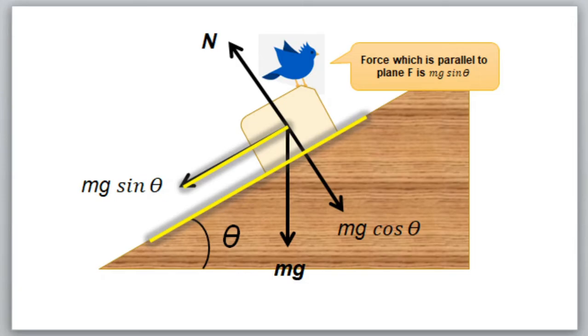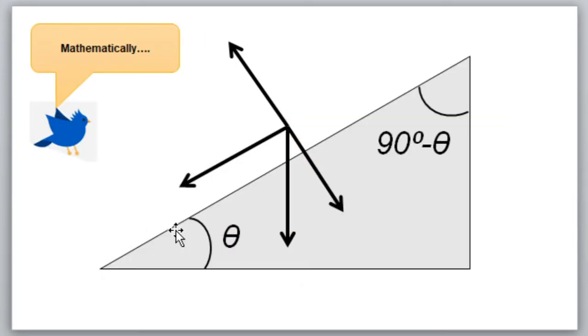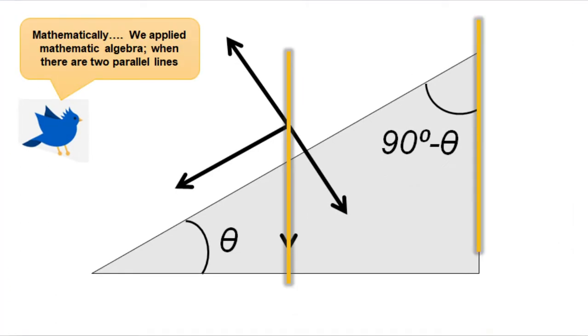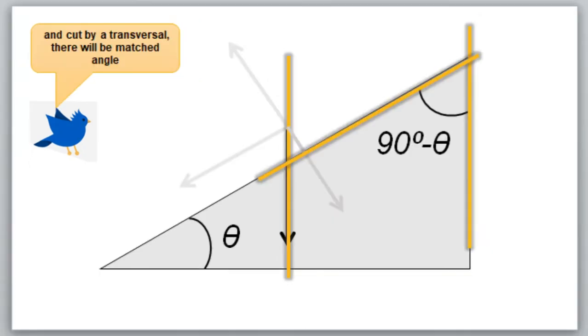We have a triangle here with theta, which is the angle of the plane. Then we have 90 degrees, and the other angle here will be 90 degrees minus theta. Now we have two parallel lines, and there is a transversal line cutting the parallel lines.